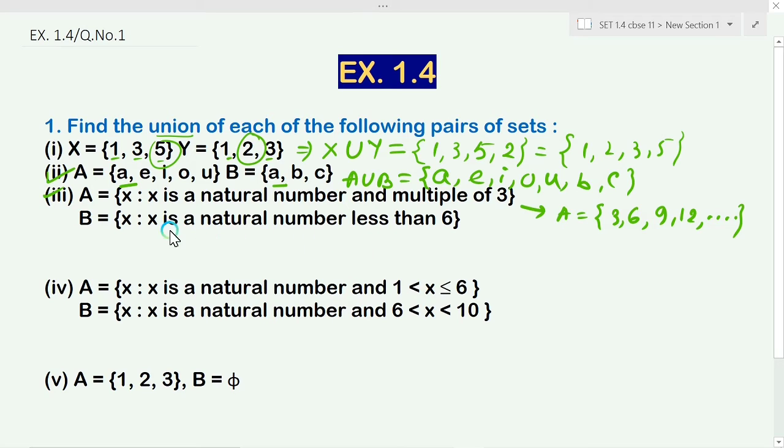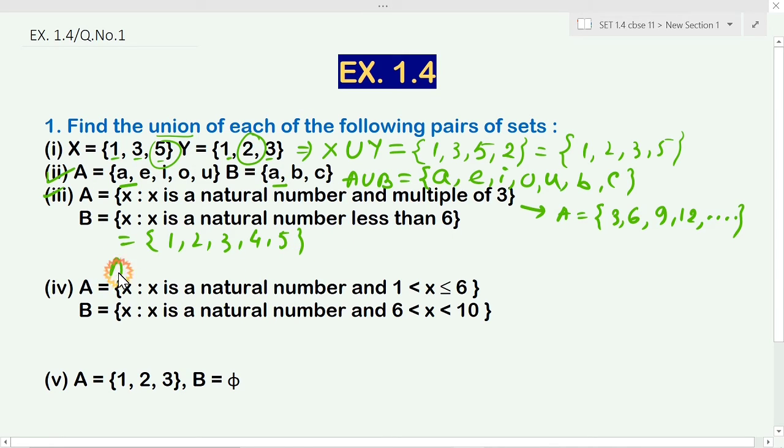Now number B, the set B: X is a natural number less than 6. So this will be 1, 2, 3, 4 and 5. 6 is not included. If 6 were included, then it would be less than or equal to 6. But here it is less than 6.